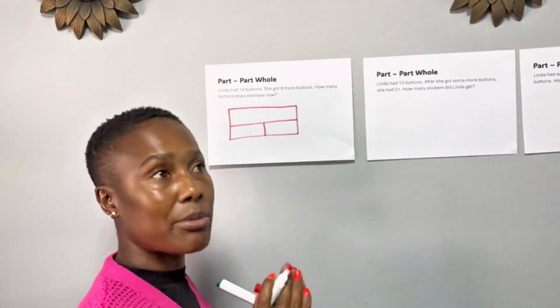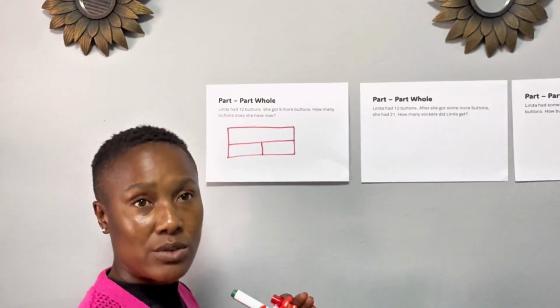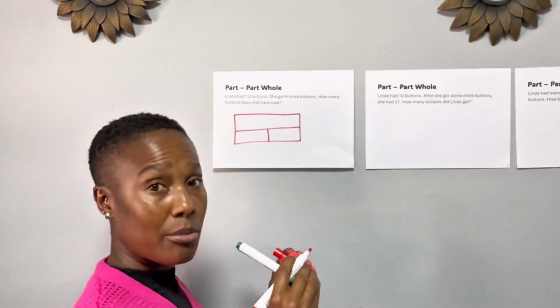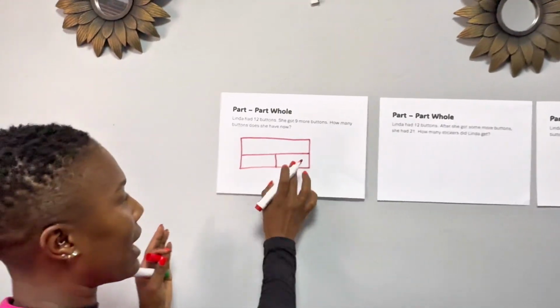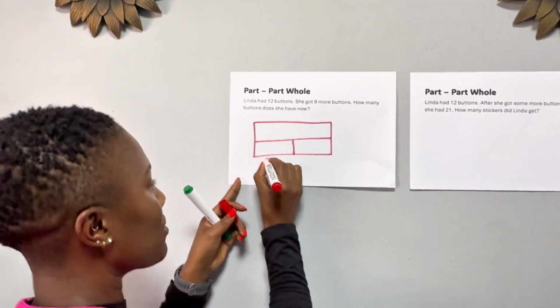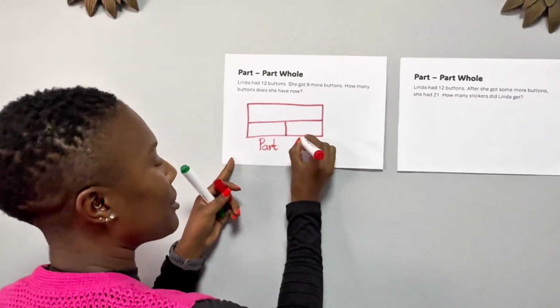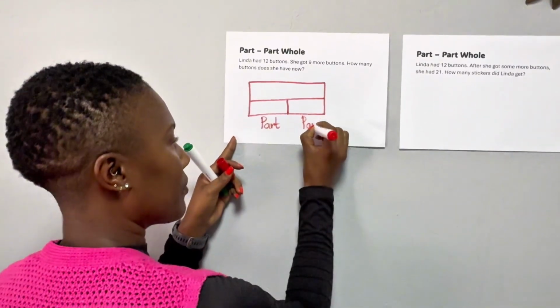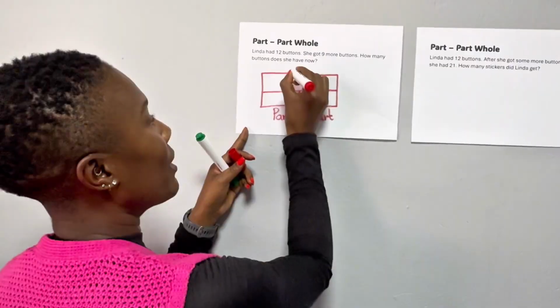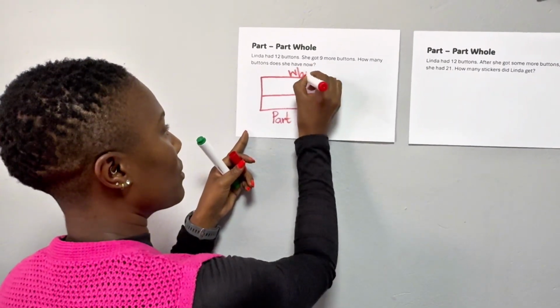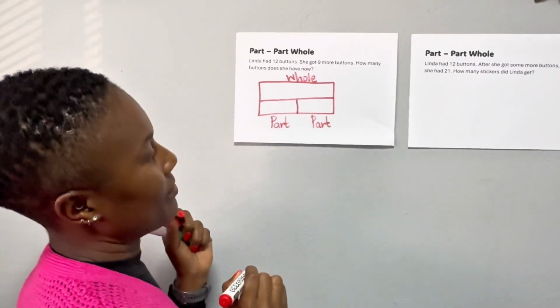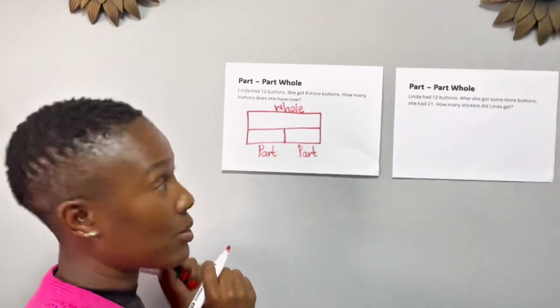Remember I said a part whole is equal to the sum of its parts. These are the parts that I was referring to. So this will be part 1, part 2, and the whole. This is an introduction to part whole.